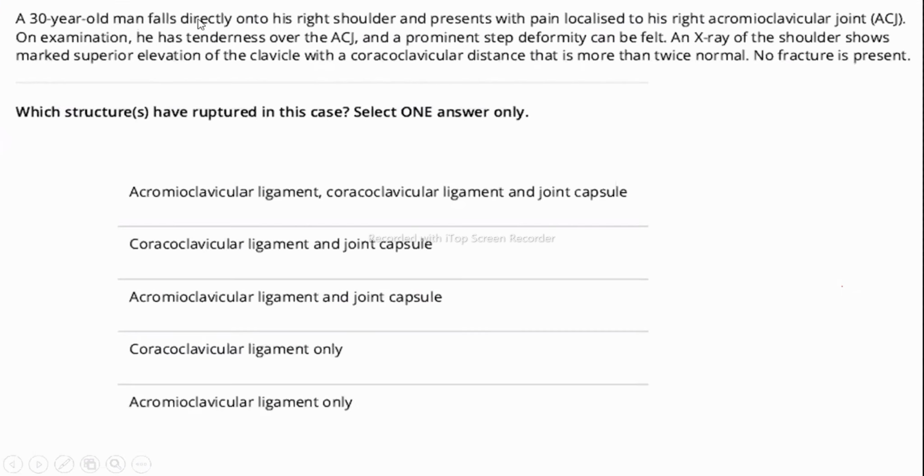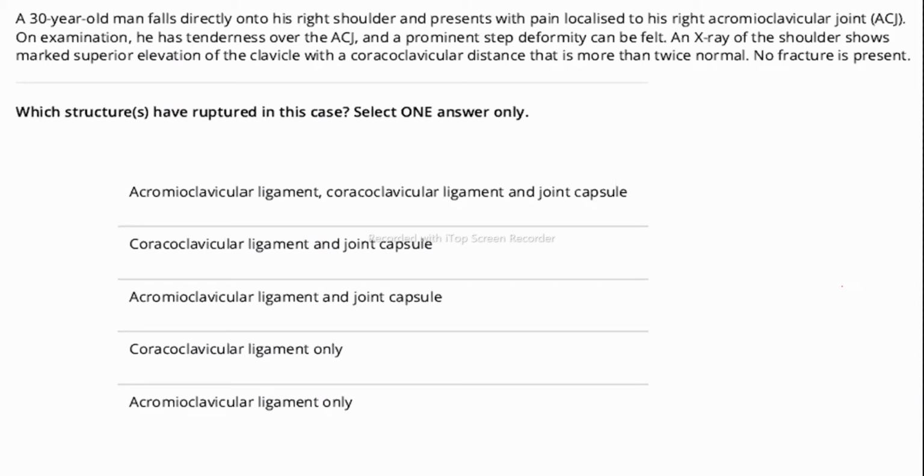A 30-year-old fell directly onto his right shoulder. Pain localized to his right acromioclavicular joint. So he's talking about what? Acromioclavicular joint. Okay, how many grades? Six. On examination, how to examine the acromioclavicular joint?